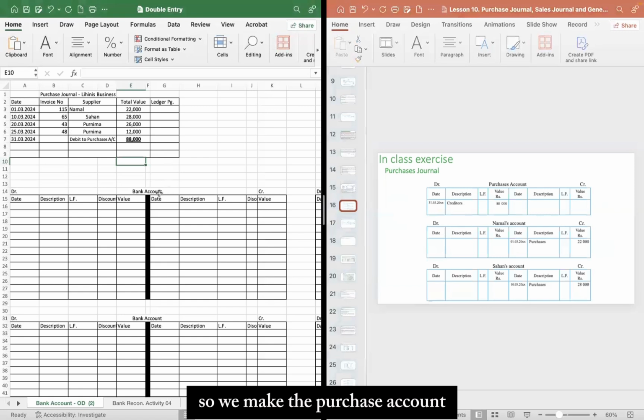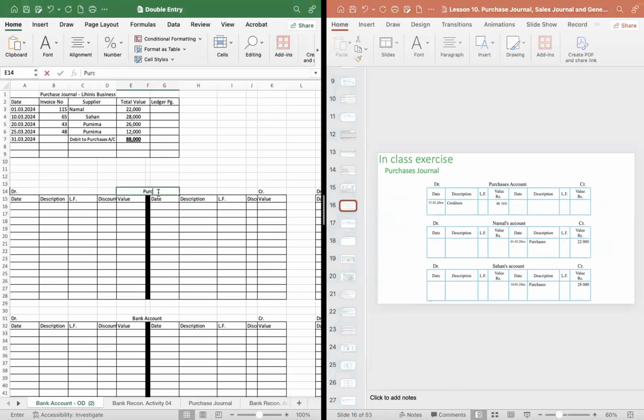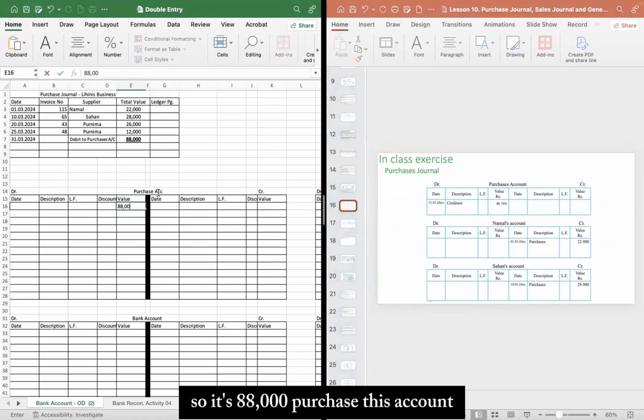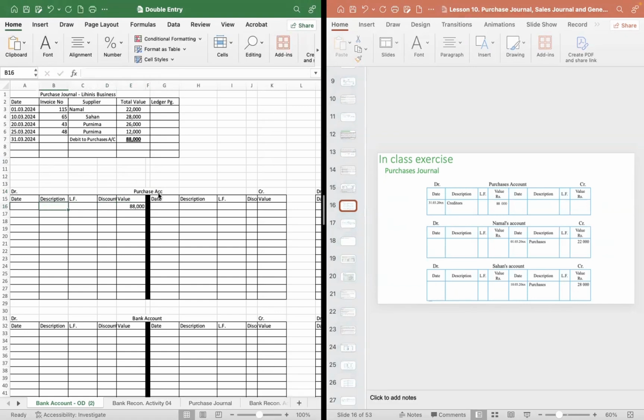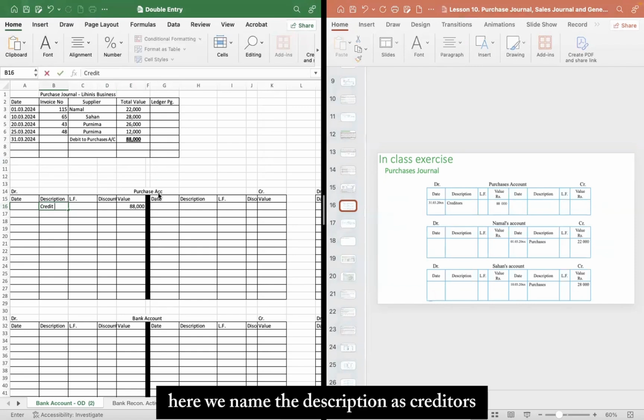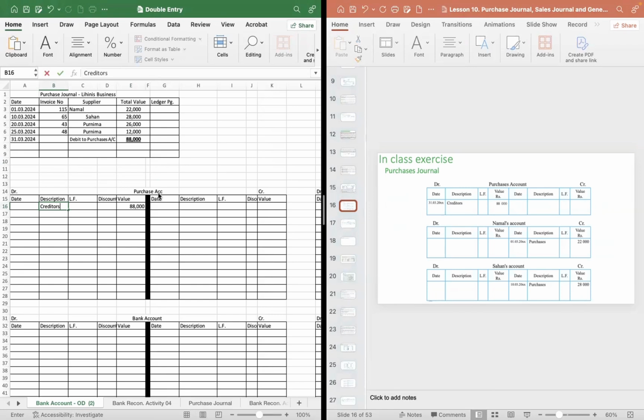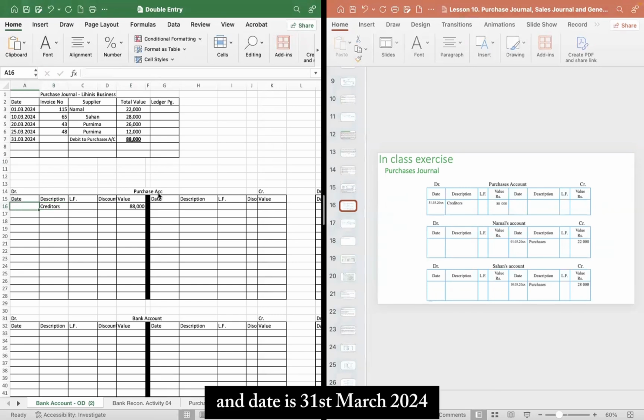So we make the purchases account. It's 88,000. Here we name the description as creditors, and the date is 31st March 2024.